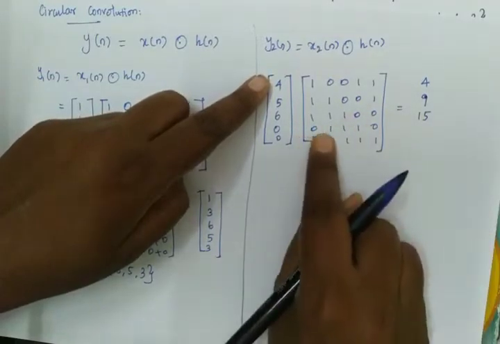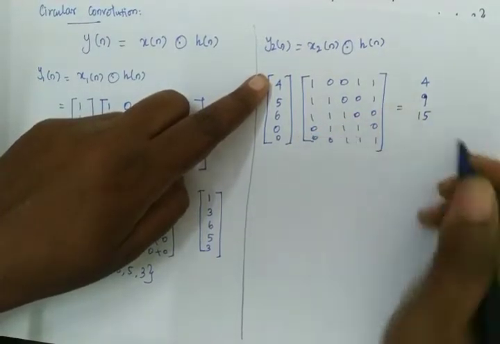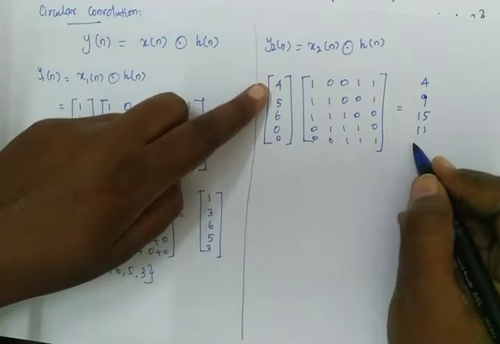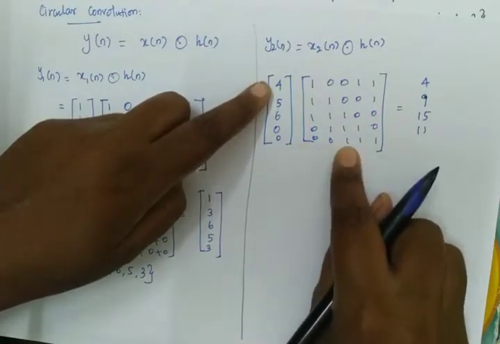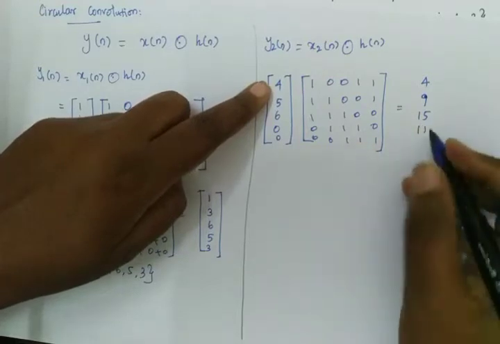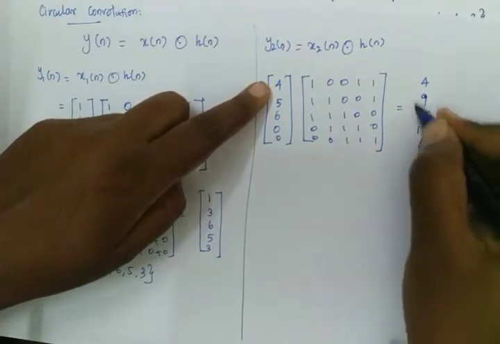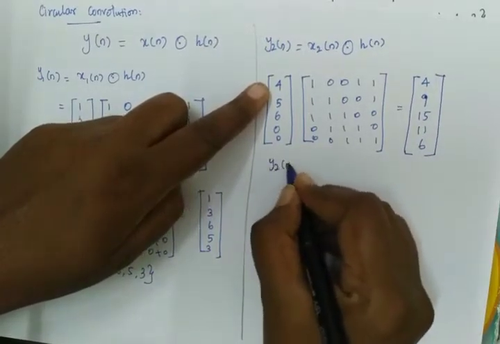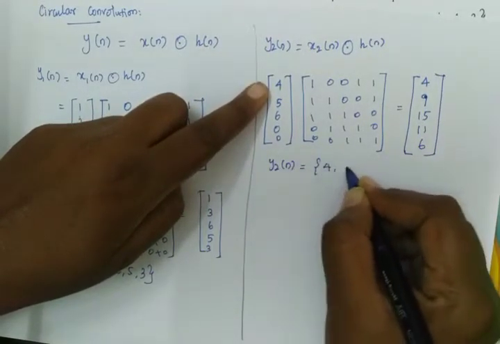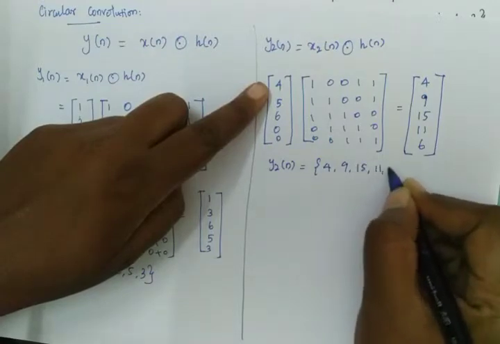And here we have 5 plus 6, it is 11. Then here we have only 6. This is our y2 of n, which will be equal to 4, 9, 15, 11, 6.